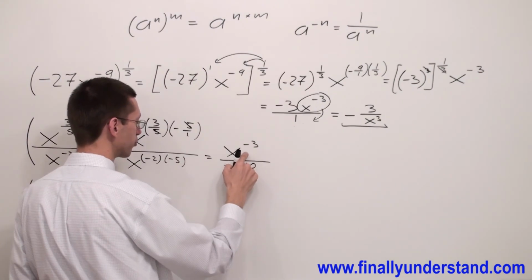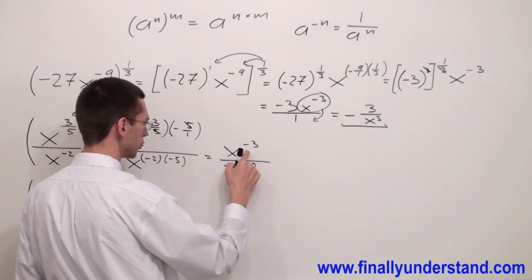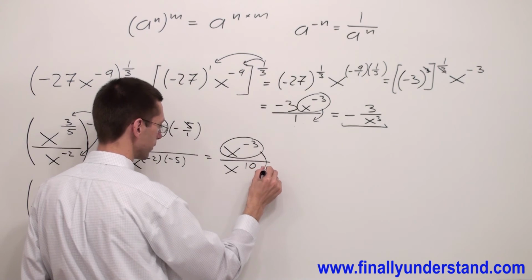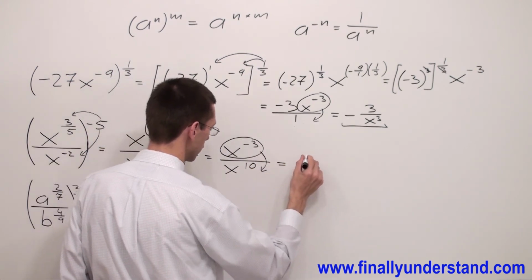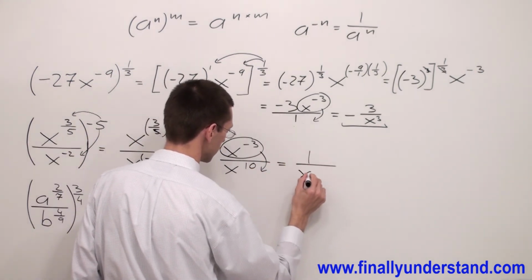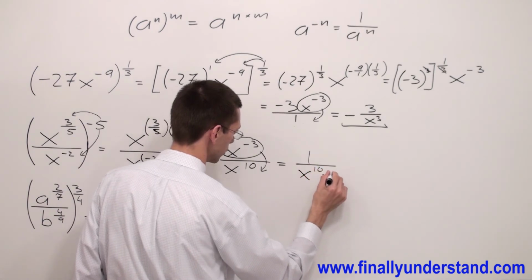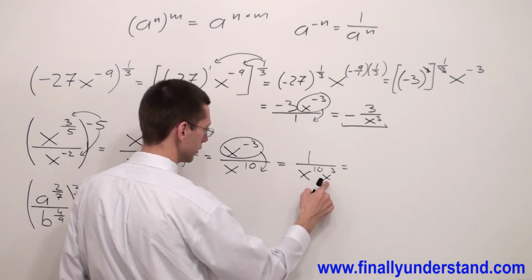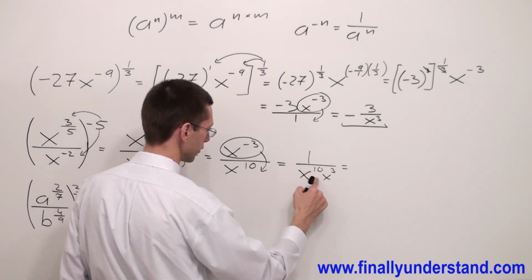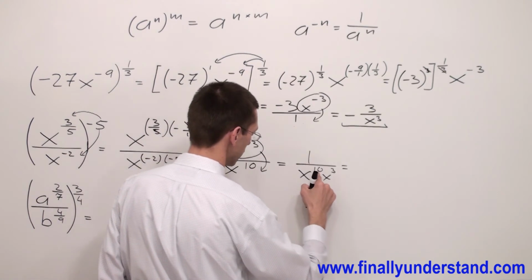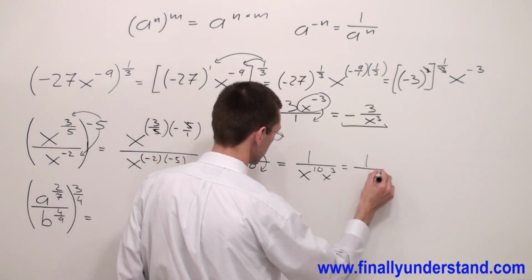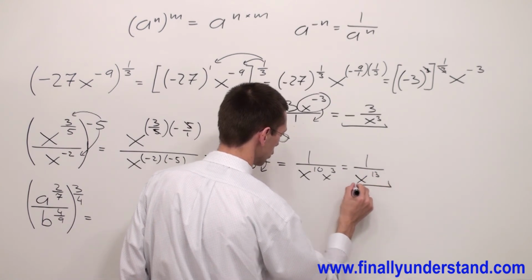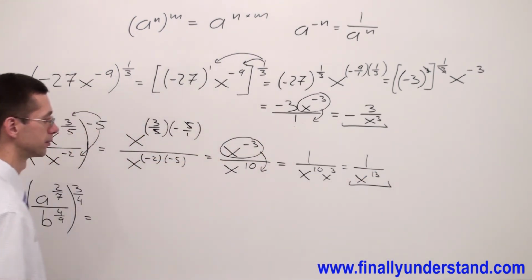If I have a negative exponent in the numerator and I want to convert this to positive, I'm going to take this expression to the denominator. And I'm going to have 1 over x to the 10 times x to the 3rd. Anytime I multiply variables which have the same base, I have to keep the base and add exponents. That's why I'm going to have x to the 13. This is the solution to my problem.